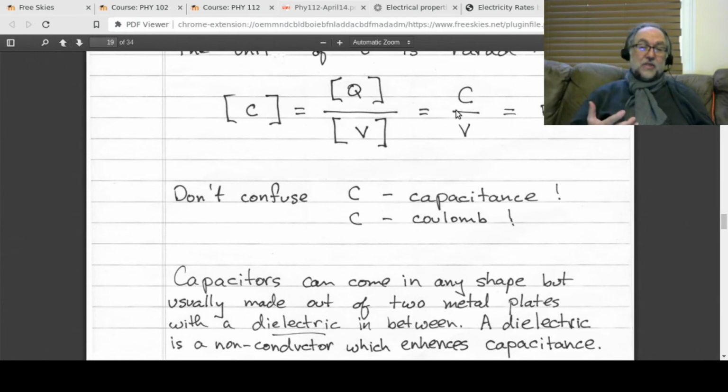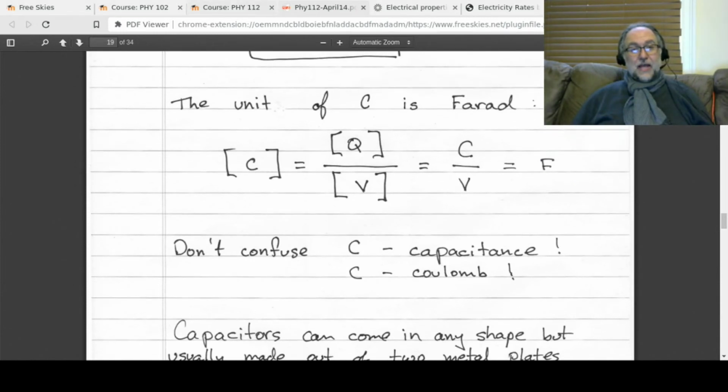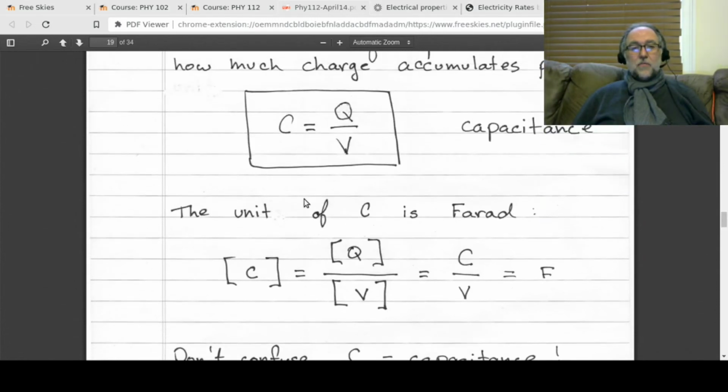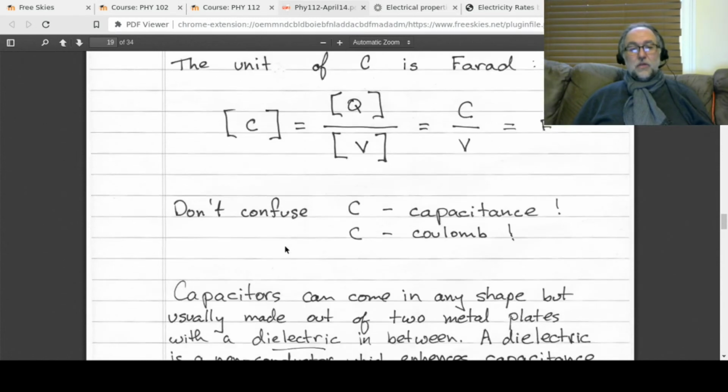It's kind of awful to recycle the same symbol in the same formula, so this kind of sucks, but there it is, okay? So in this equation here, this C is capacitance. So it's a symbol which represents this property of matter, which is its ability to accumulate charge per volt, okay? This C here is a coulomb, which is the unit of charge. So I don't know what to say. I mean, just don't confuse the two, all right?